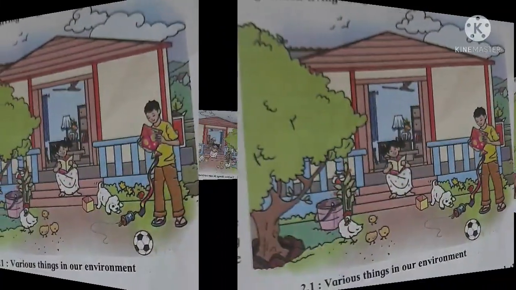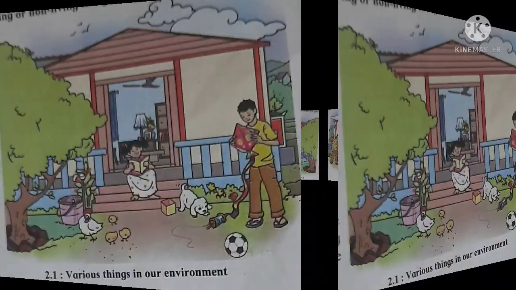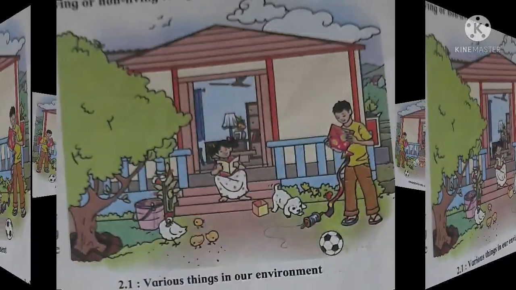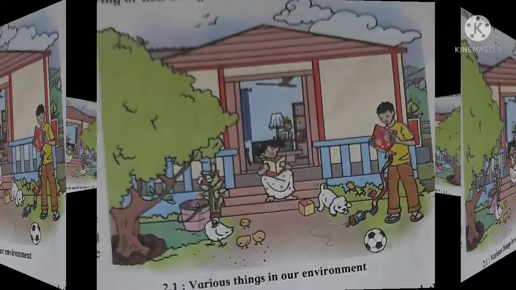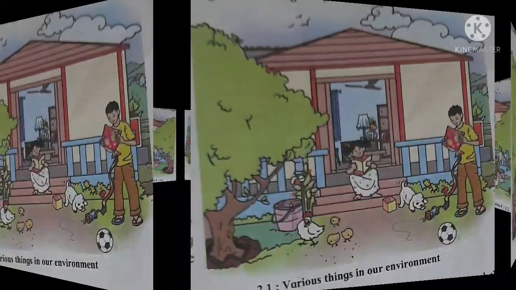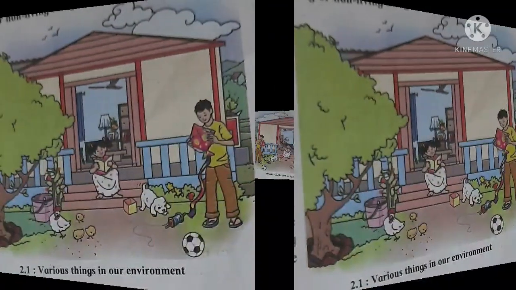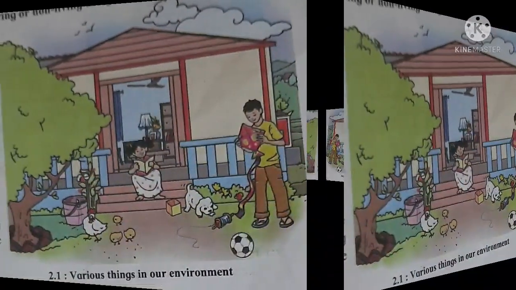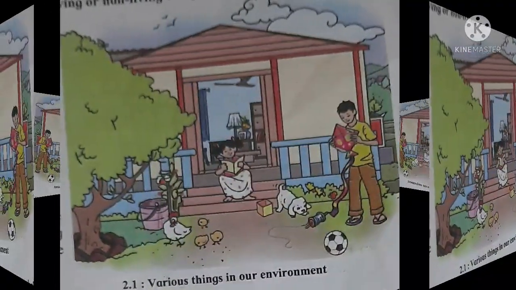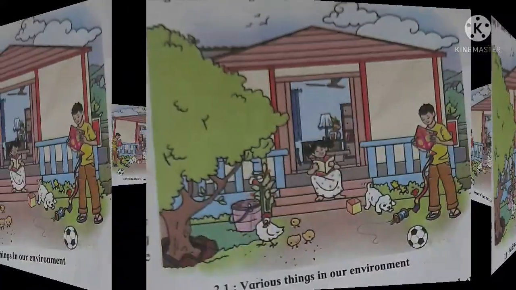Girl, living things. After that, house, non-living things. Birds, living things. Clouds, non-living things. Fan, non-living things. Lamp, non-living things. Girl, and the books in the girl's hand, non-living things. Flower pot, non-living things.